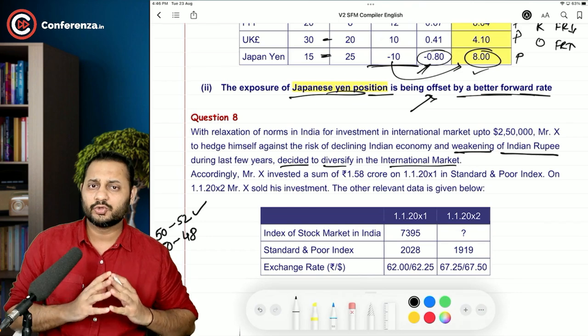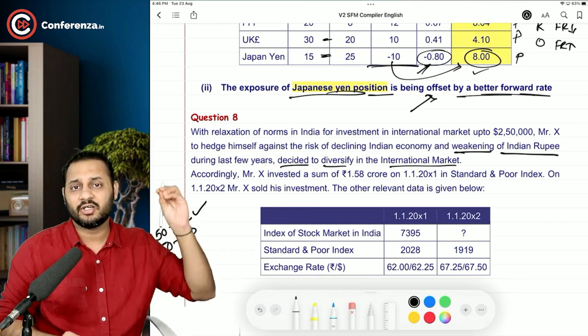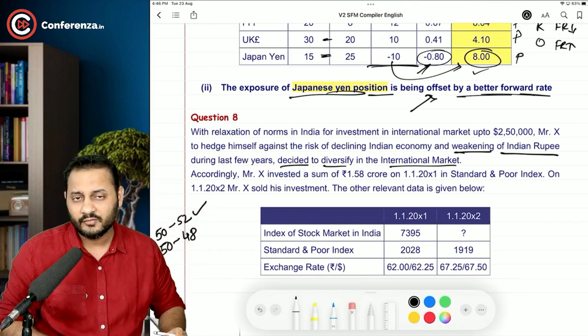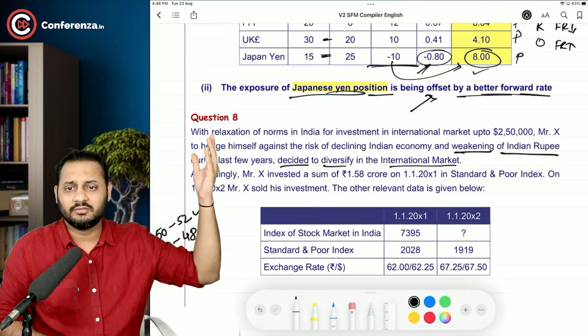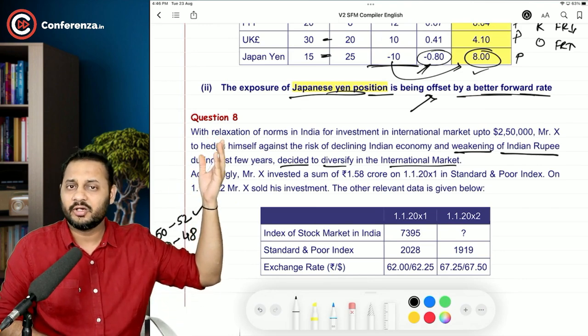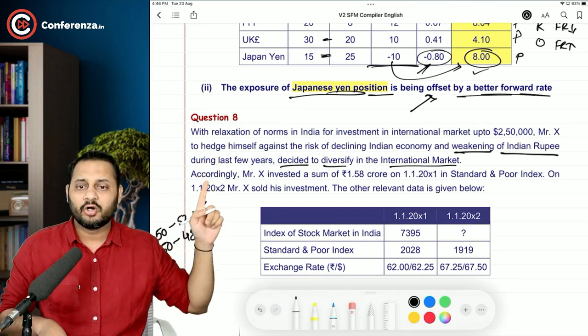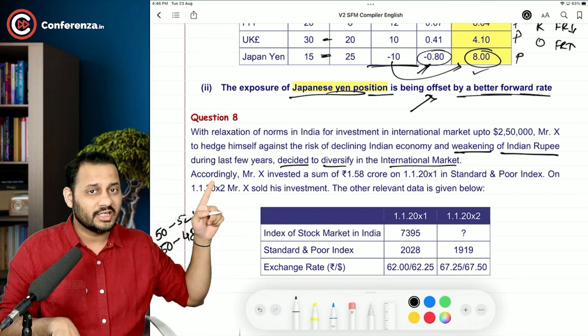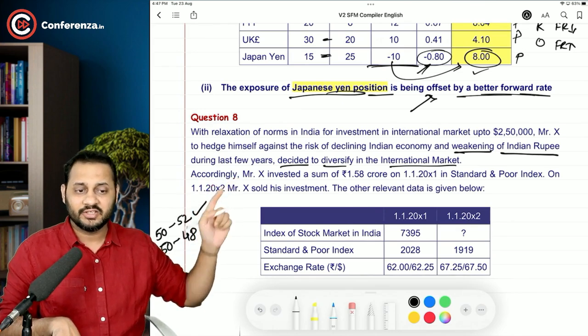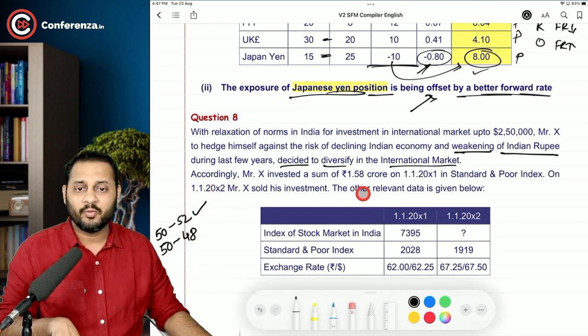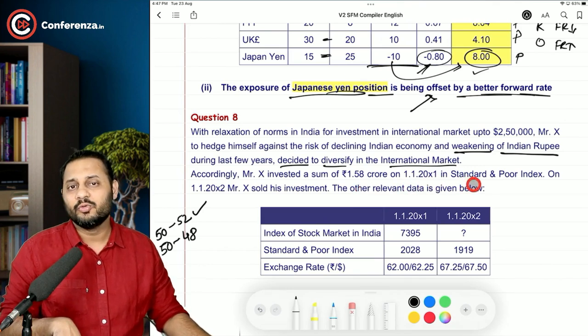All in all, he wants to say that he will be investing directly in dollars in the international market. And since the relaxation has been given by the Indian government also for investing in foreign currency, it is possible. Accordingly, now the real question starts from here. Mr. X invested a sum of rupees 1.58 crore on 1st of January in the Standard and Poor Index.